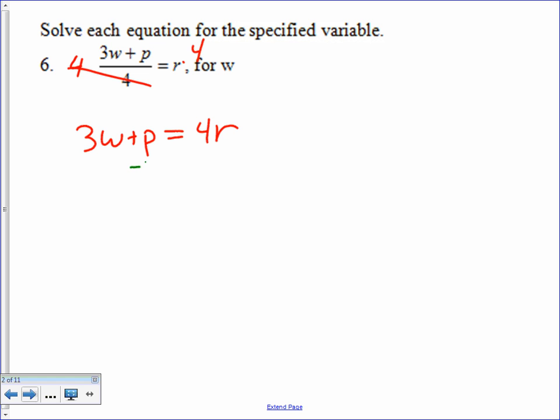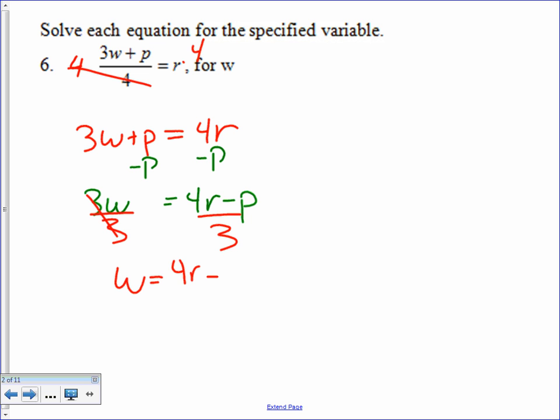Then I'm going to subtract P from both sides, and I'll get 3W, P minus P is 0, equals 4R minus P. And then to finish it off, I will divide both sides by 3, and I will get W equals 4R minus P over 3. I can't reduce. 4 doesn't go into 3, and 3 does not go into P.